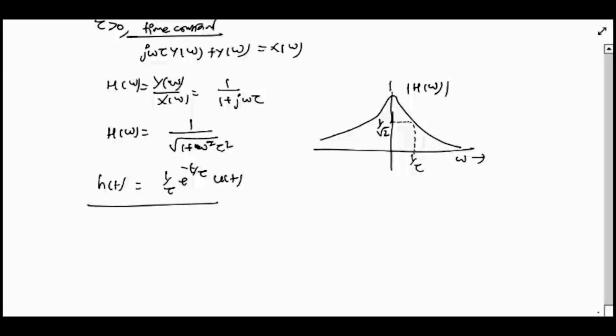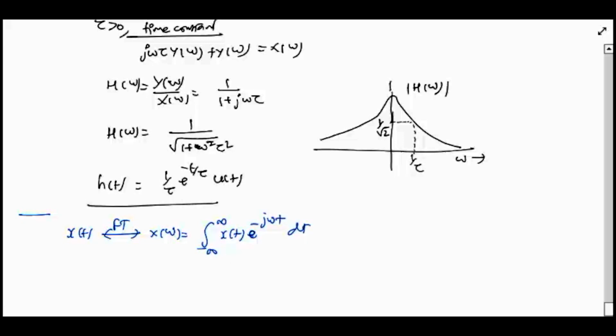Let us now take a step back and look at the definition of the Fourier transform. Recall that the Fourier transform for a signal x(t) was defined as follows: the integral from minus infinity to infinity of x(t) e raised to minus j omega t dt. Okay.